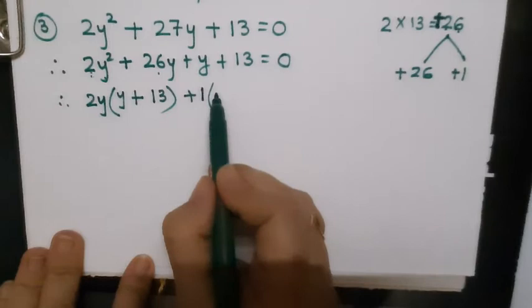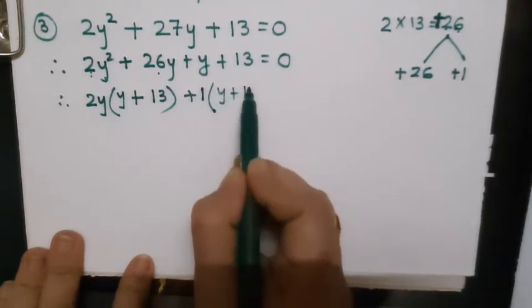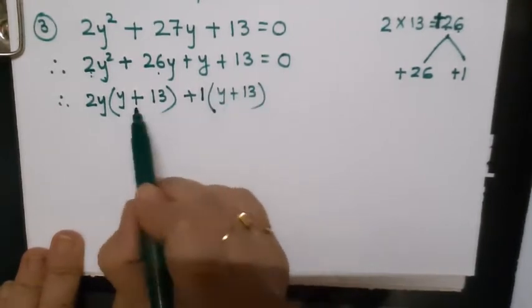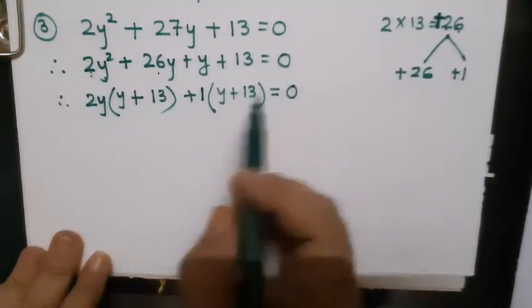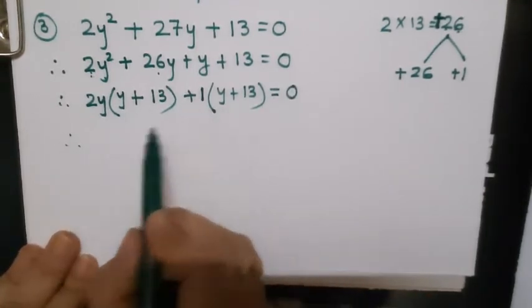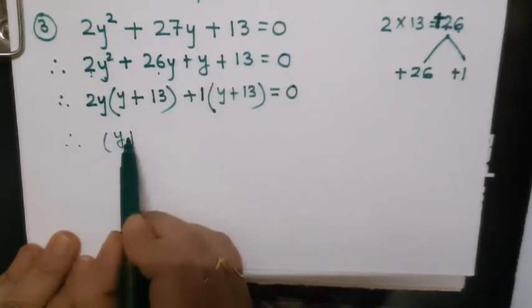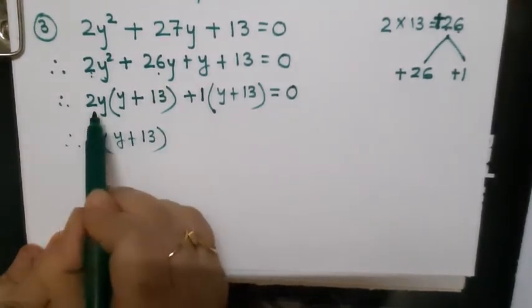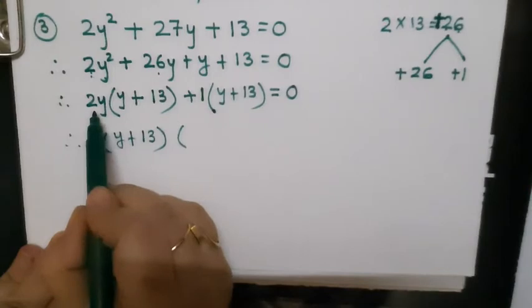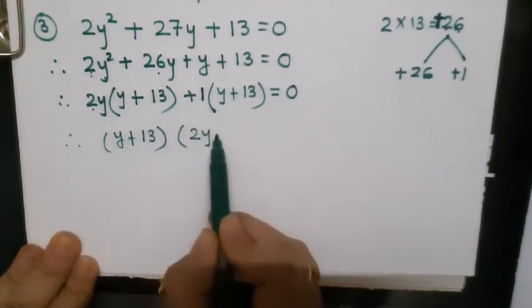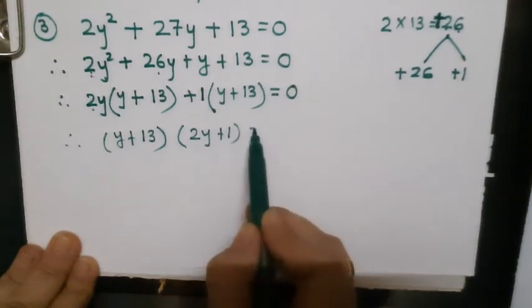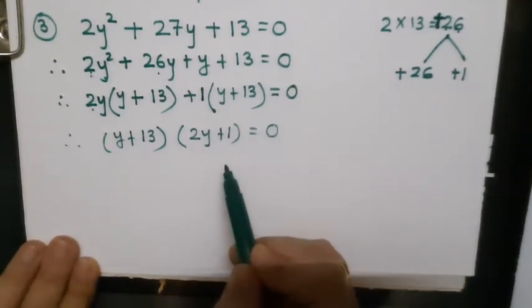What will remain in the bracket? Y plus 13. So both the bracket terms are same, is equal to 0. Now y plus 13 is common, so we will write it in one bracket. And what will come in the second bracket? The remaining terms, that is 2y plus 1. So we will write 2y plus 1 in the other bracket, is equal to 0.